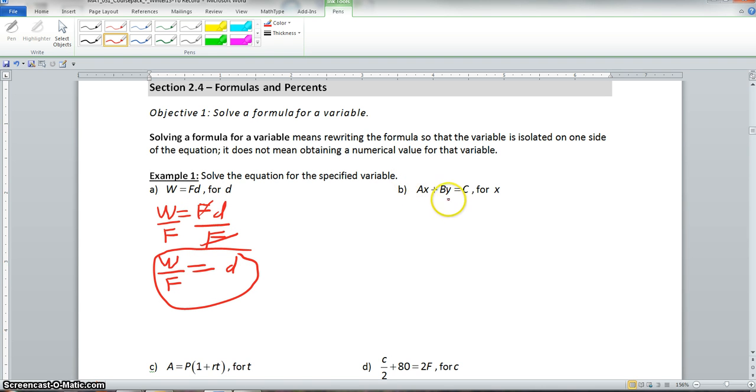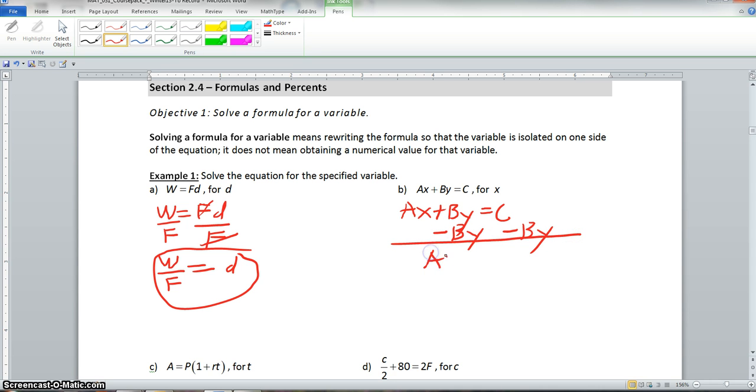Now we come here to B. We have AX plus BY equals C, and we want to solve for X. So we'll rewrite this equation, AX plus BY equals C, and we want to get X by itself, so we will subtract BY on both sides.